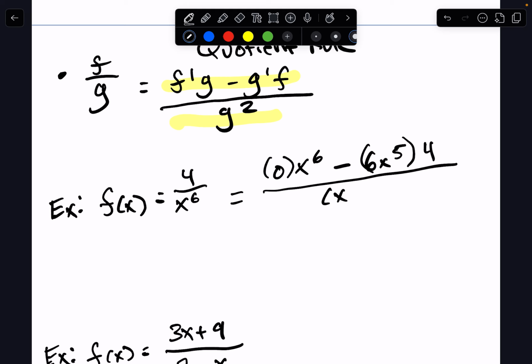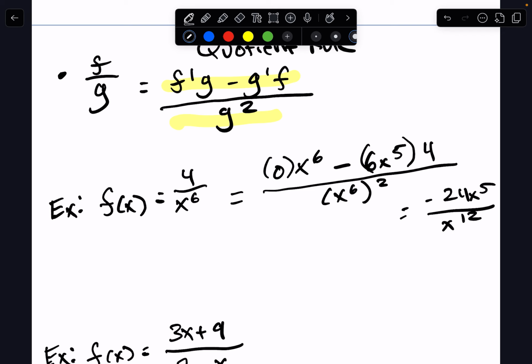So you'll have x to the 6th, squared. Working through all of this, you'll get minus 24x to the 5th, and when you raise a power to a power, they multiply, so you'll get x to the 12th.